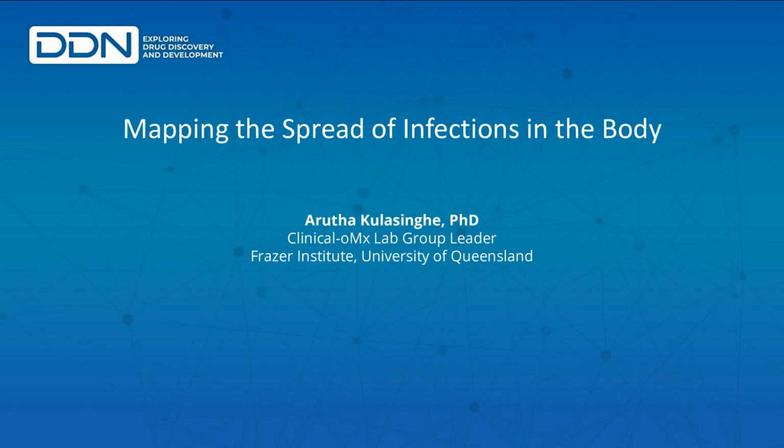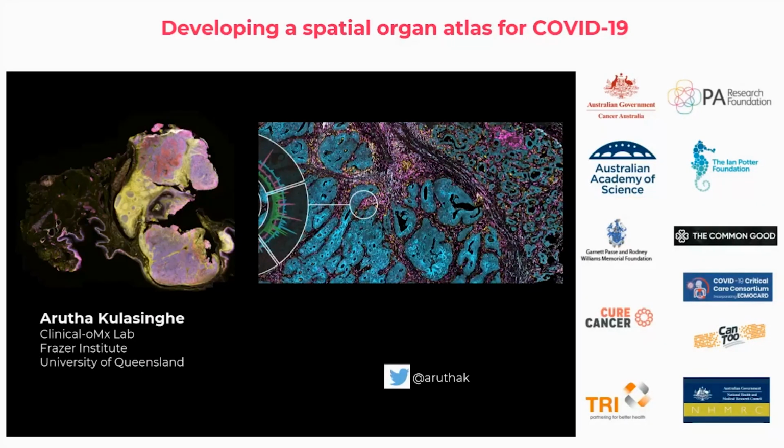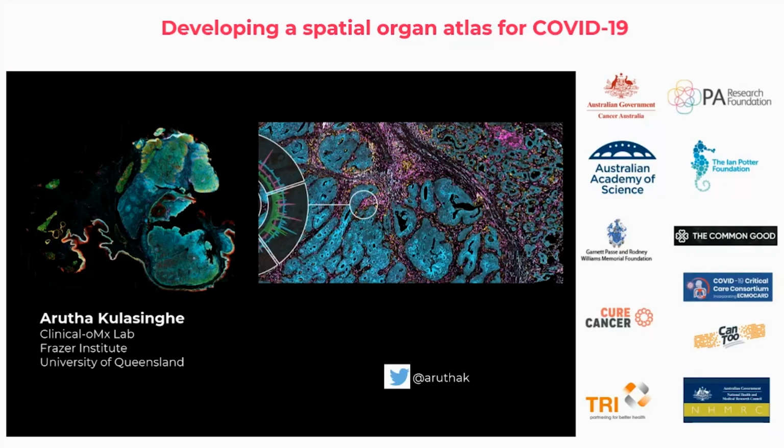Let me introduce our speaker, Arutha Kulasinghe. Arutha Kulasinghe is a Peter Doherty National Health and Medical Research Council Research Fellow and leads the Clinical Omics Lab at the University of Queensland. Kulasinghe has pioneered spatial transcriptomics using digital spatial profiling approaches in the Asia-Pacific region, contributing to world-first studies for lung cancer, head and neck cancer, and COVID-19.